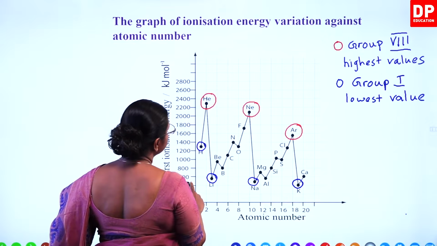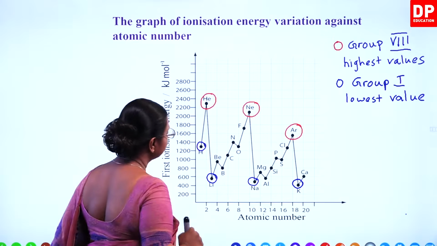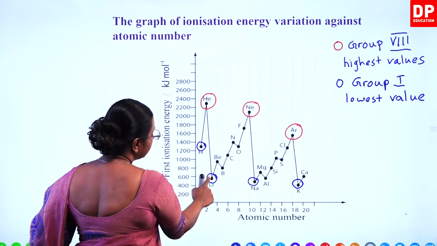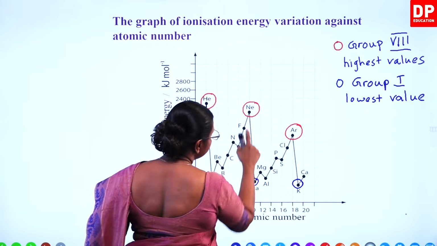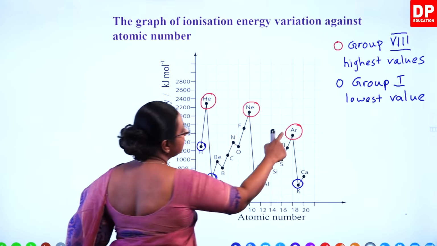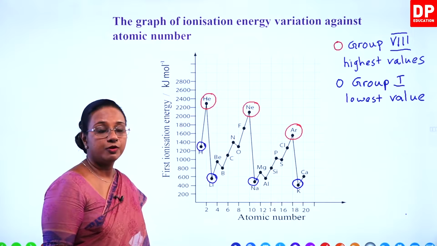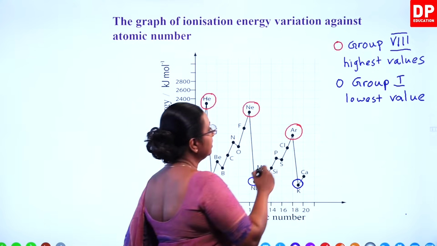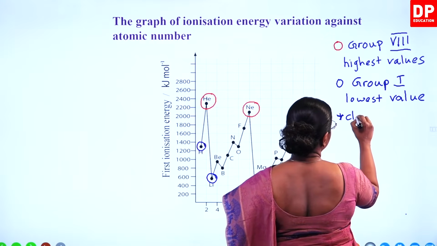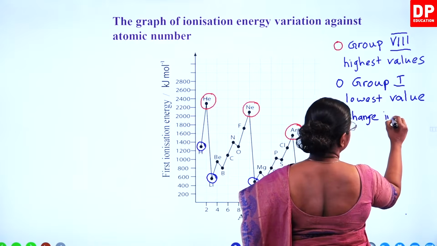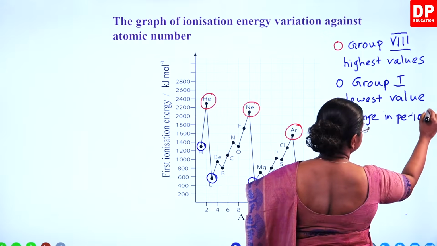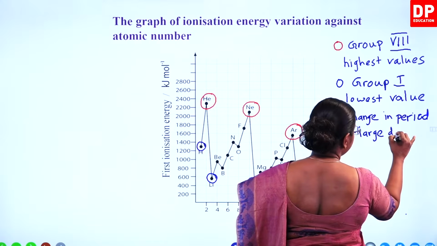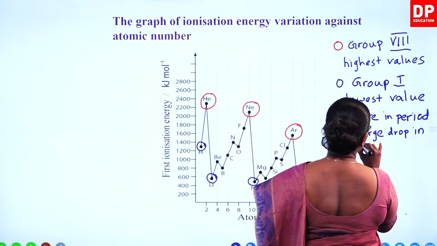And then you can see when the element or the atomic number changes from one period to another. Period 1 to period 2. Period 2 to period 3. And period 3 to period 4. You can see there is a huge drop. So when there is a change in period, there is a large drop in the value.